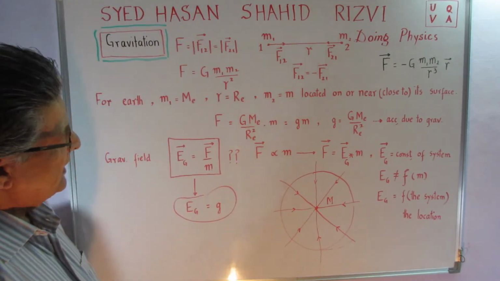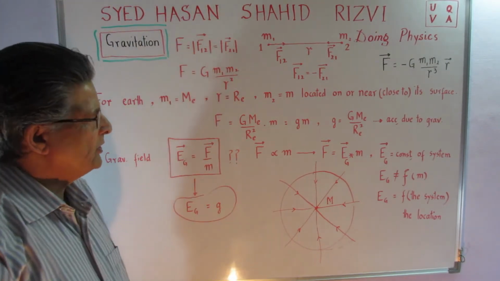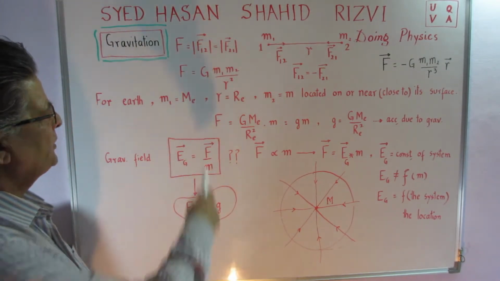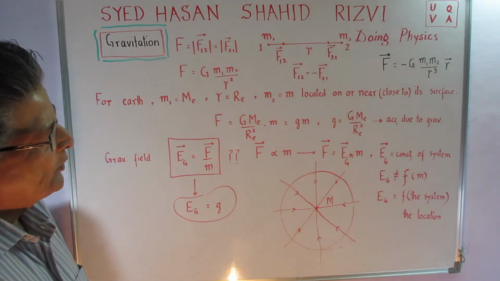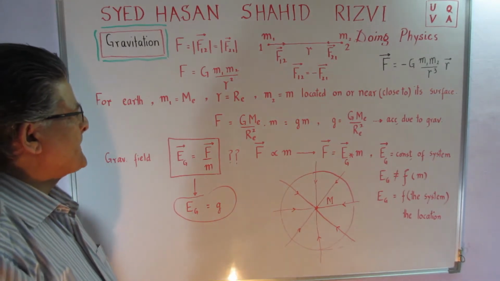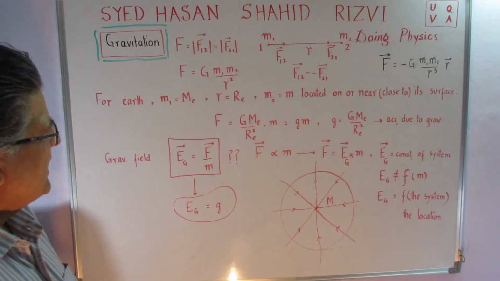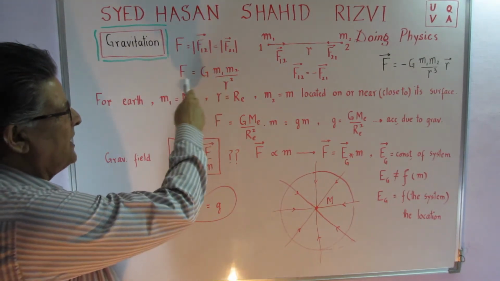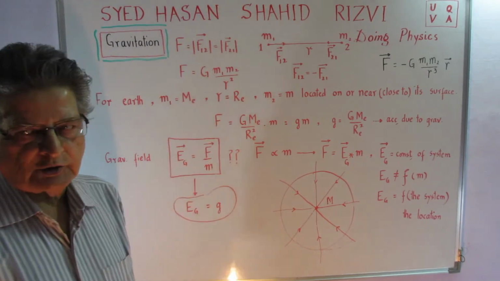So if I say that the magnitude of these two forces F12 and F21 is equal to F, then we can state Newton's law of universal gravitation as F is proportional to m1, F is proportional to m2, and F is proportional to 1 upon r square.